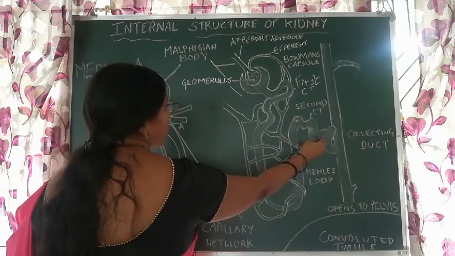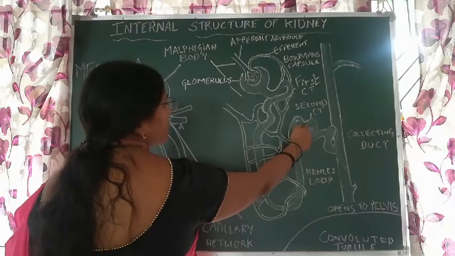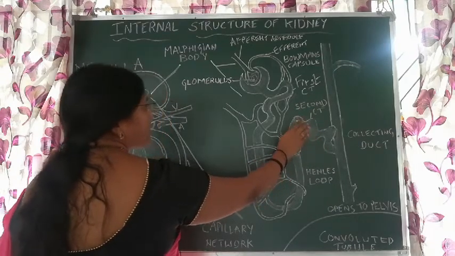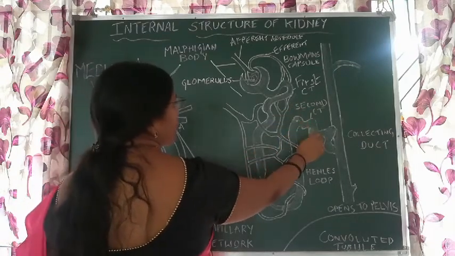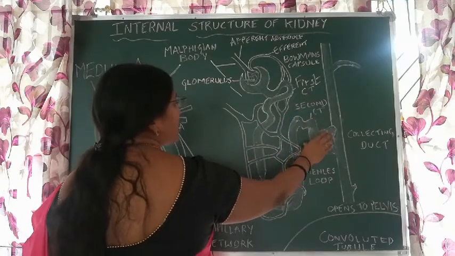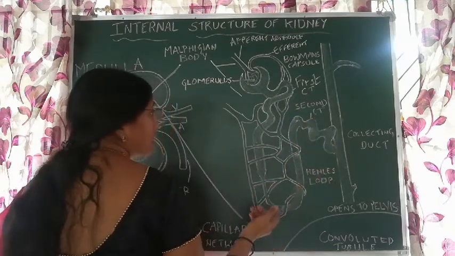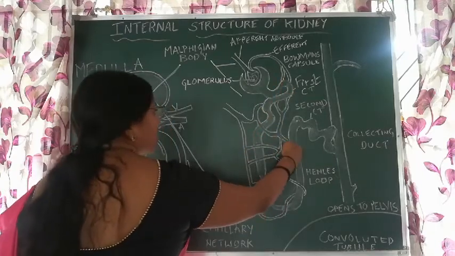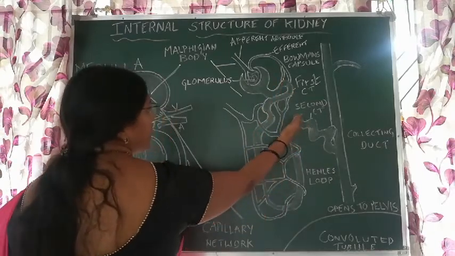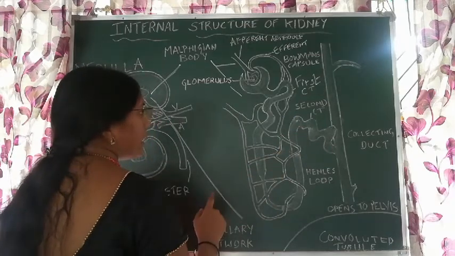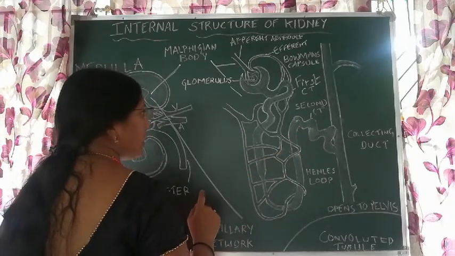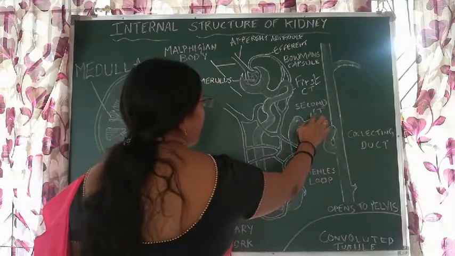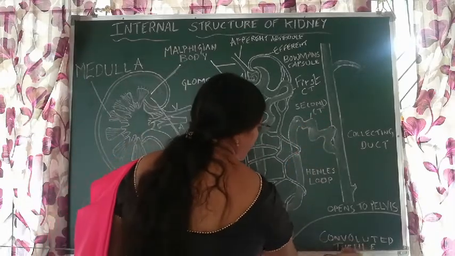And this part is the second convoluted tubule. See, it also has coils, but it comes after the first one. The second is also called the distal convoluted tubule. Distal means the ending part, proximal means the starting. Spelling: D-I-S-T-A-L, distal convoluted tubule.